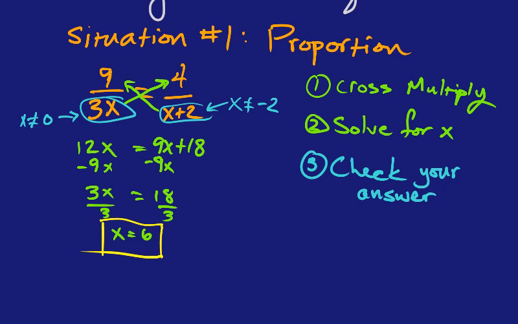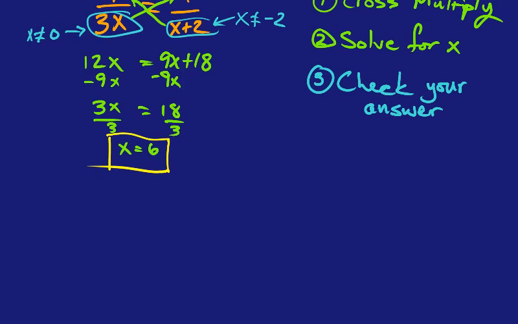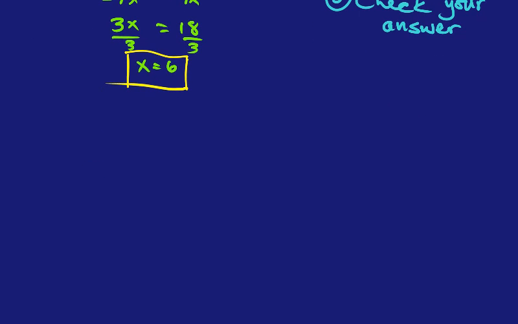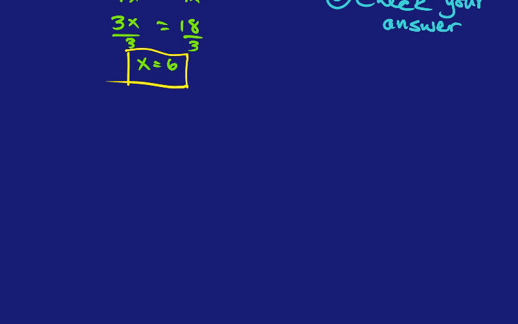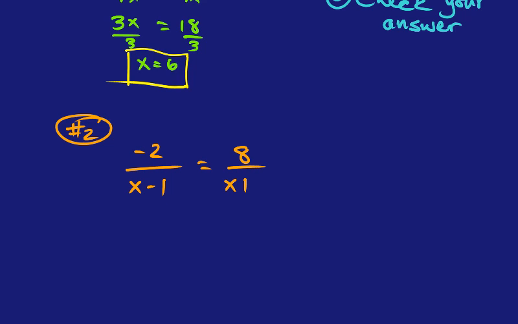So let's just try one. Here we go. For the second one, let's use -2 over x minus 1 equals 8 over x plus 1.